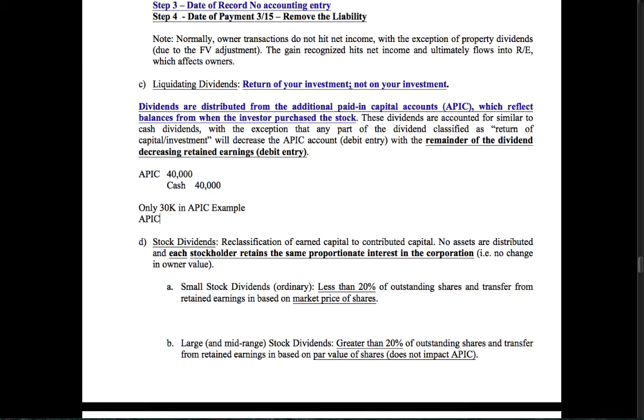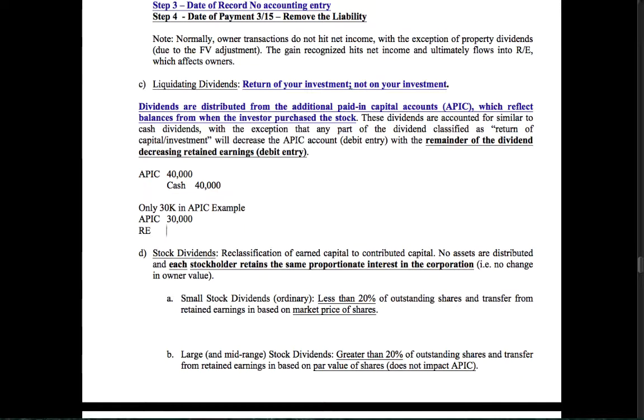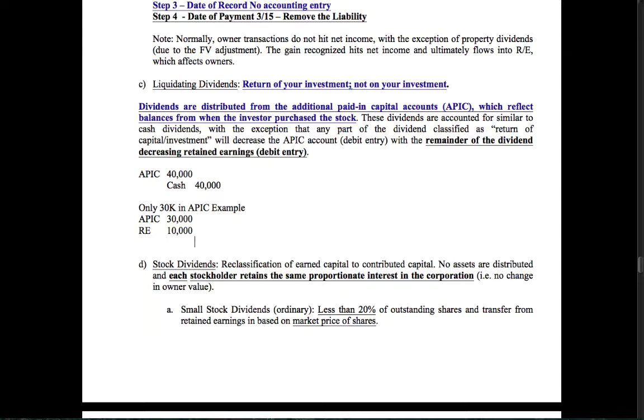Then you would decrease the additional paid in capital account by the 30,000 that's in there. You would debit the remaining 10,000 to retained earnings, and then you would have the cash out payment of $40,000. So this is very similar to how cash dividends are accounted for.